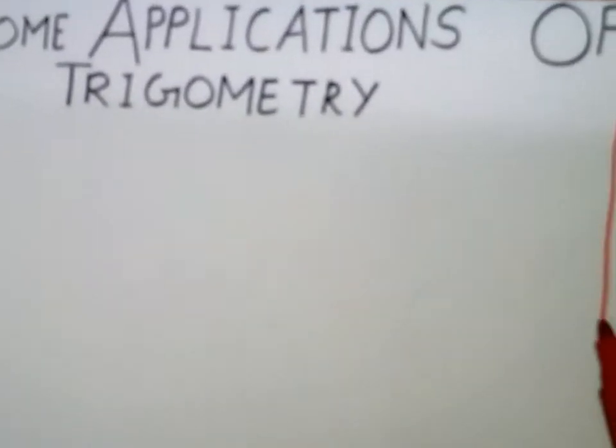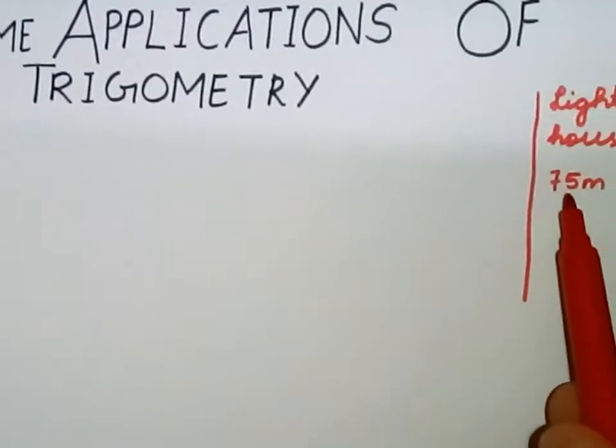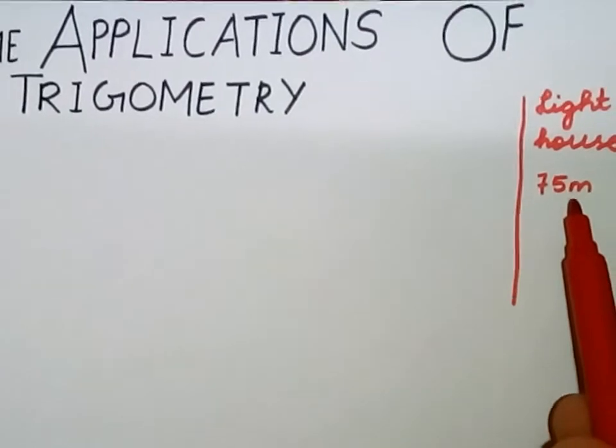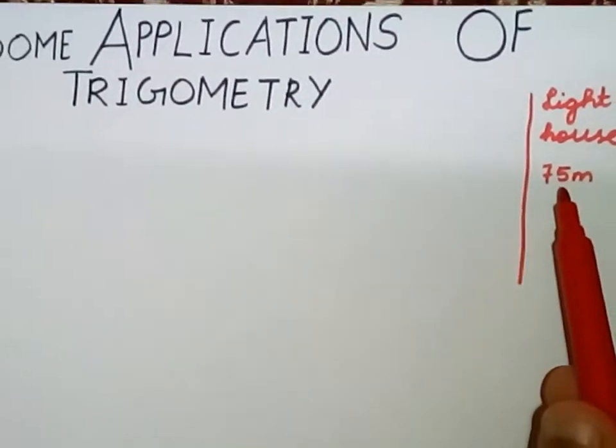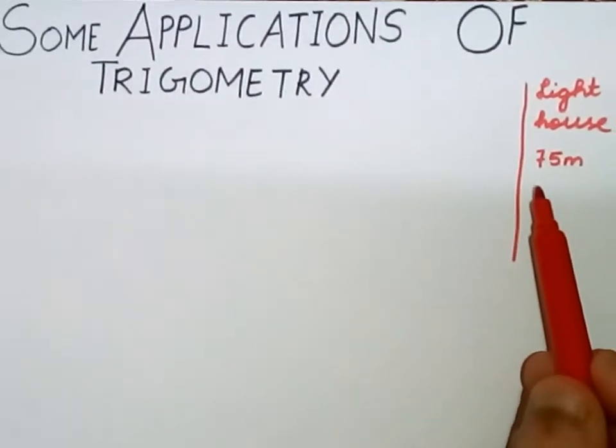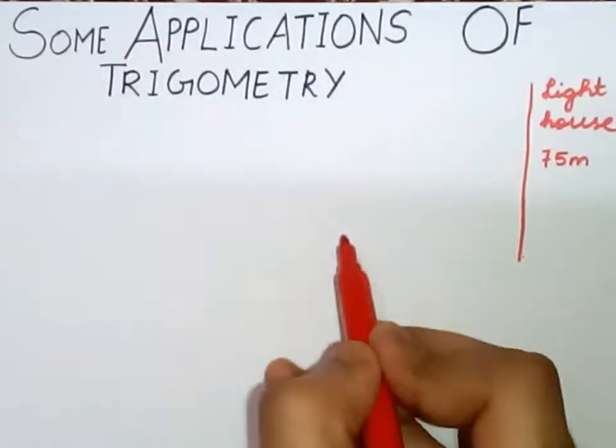As observed from the top of a 75-meter high lighthouse, this is the lighthouse, which is 75 meters. From the sea level, the angle of depression of two ships are 30 and 45.